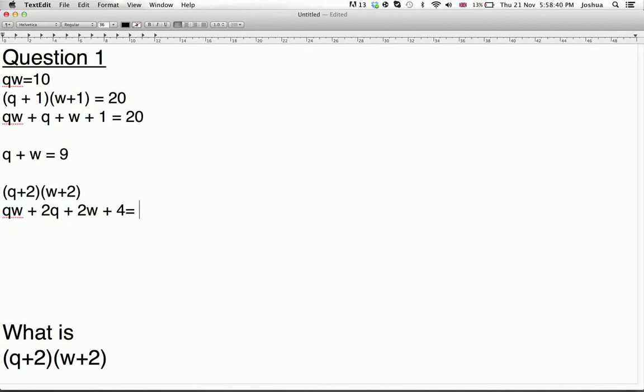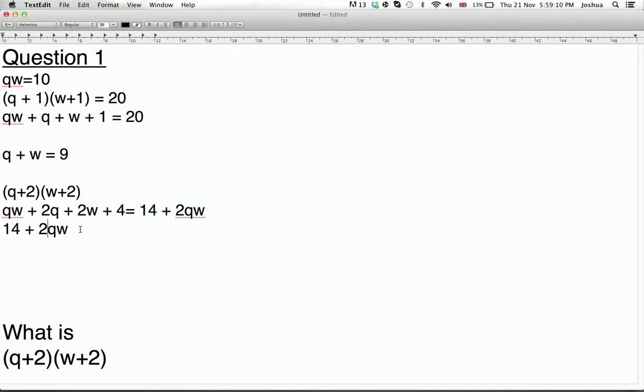We can then cancel this out further: we know that QW is 10. So it's going to be 10 plus 4 plus 2Q plus 2W. Now, we know this is the answer we want, guys. So we can cancel that to 14 plus 2Q plus 2W.